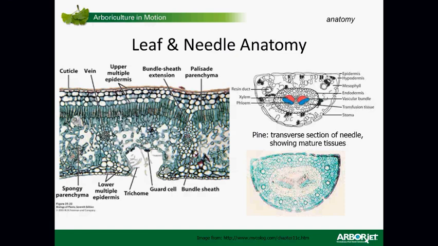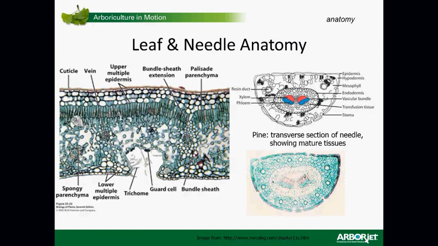So the anatomy of a leaf has many layers. If you were to take a cross-section through a leaf, on the left you'll see an angiosperm or a deciduous tree leaf. On the right would be a needle from a conifer. There is a cuticle, which is usually a waxy layer. It's for protection to reduce water loss.